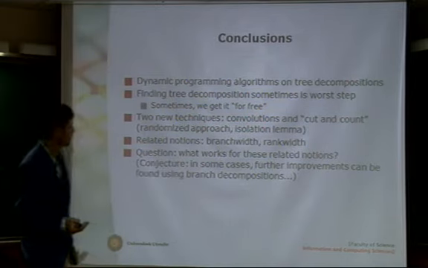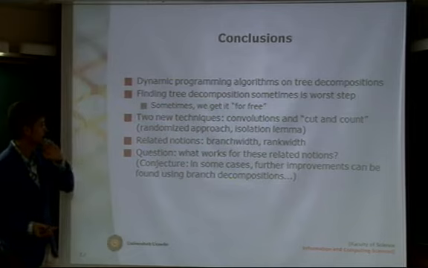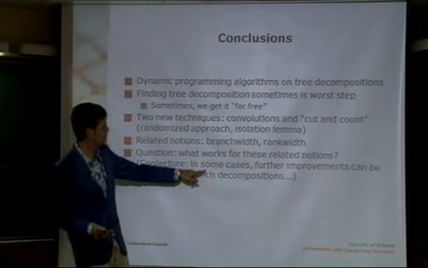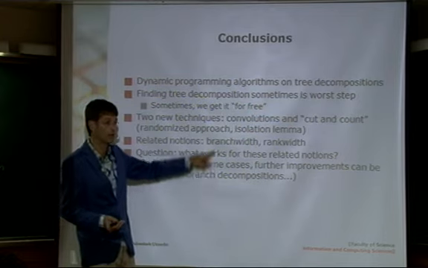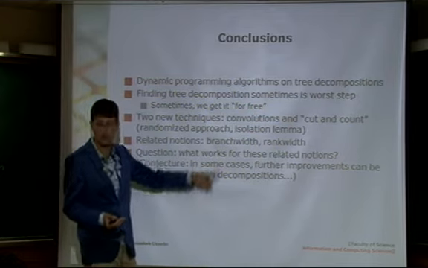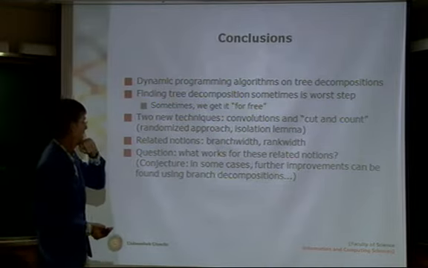Johan told me that he believes that in several cases you can get further improvements on running times by using branch decomposition instead of tree decompositions. But Johan now works at a company, so here is a good plan for getting improvements. He will not work on it anymore.